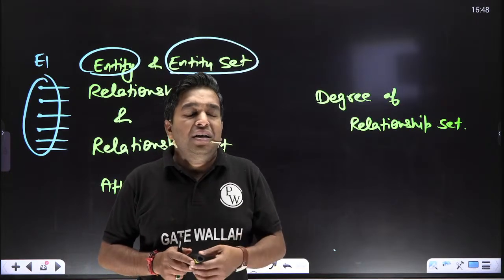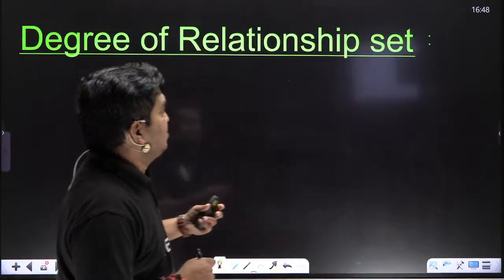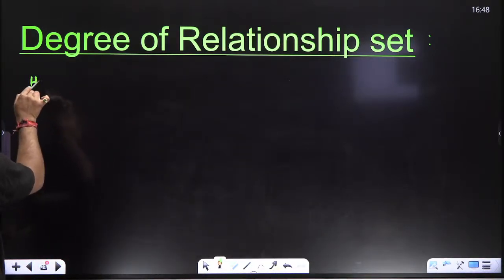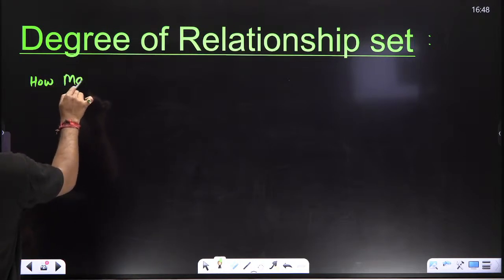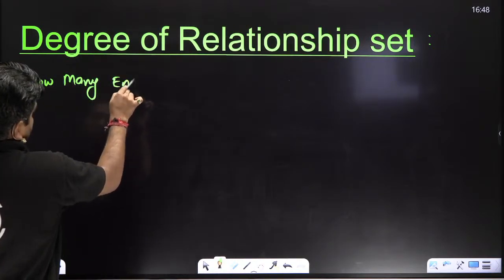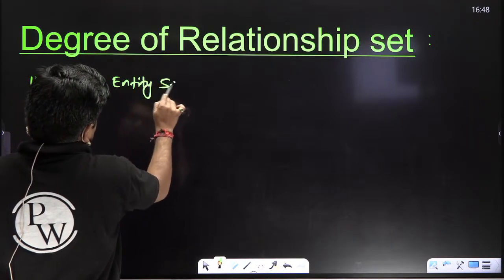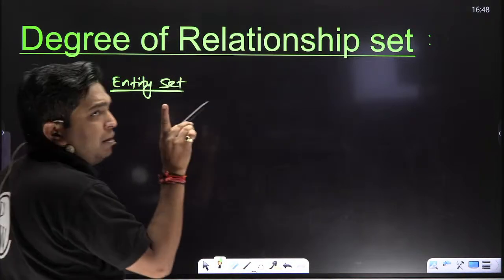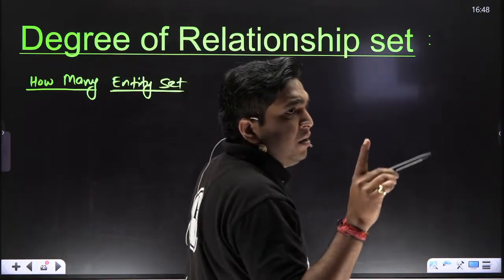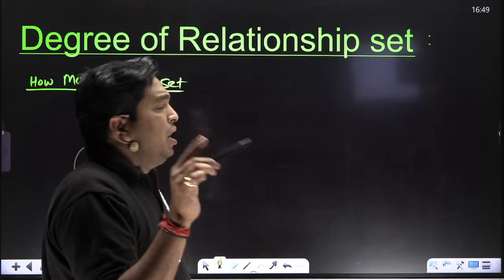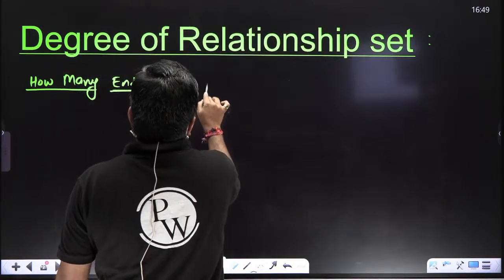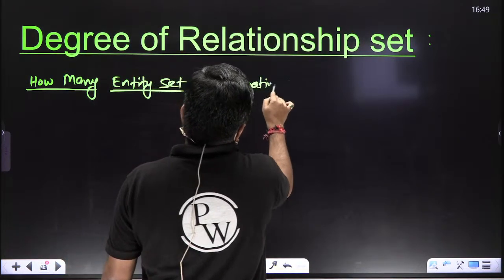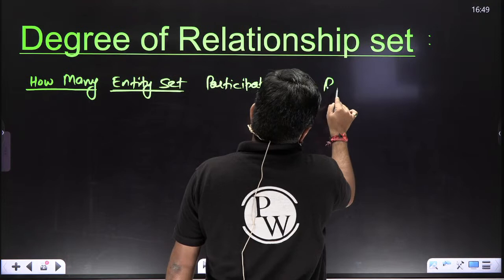Now I am talking about degree of relationship set. What is the meaning of degree of relationship set? It defines how many entity sets, not only two, how many entity sets are participating in a relationship set.